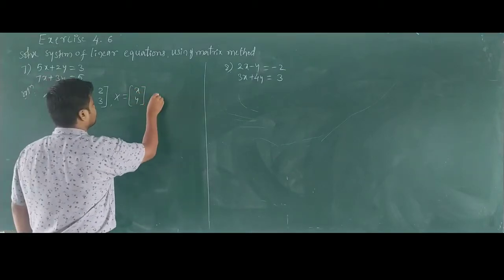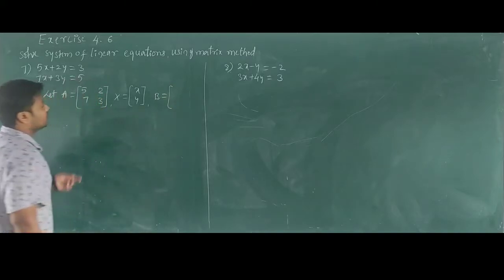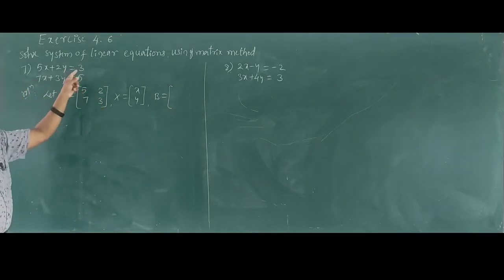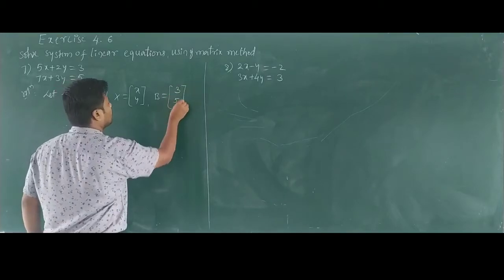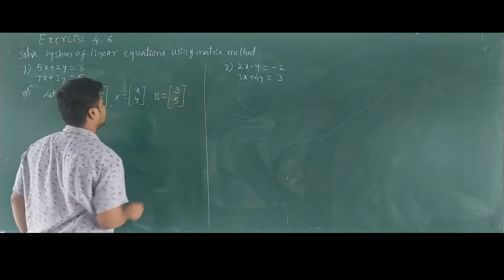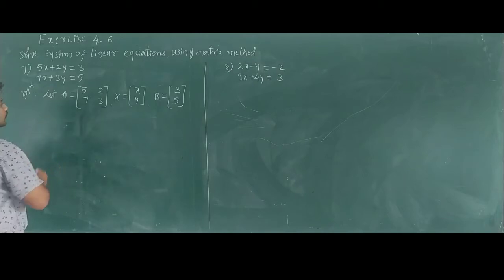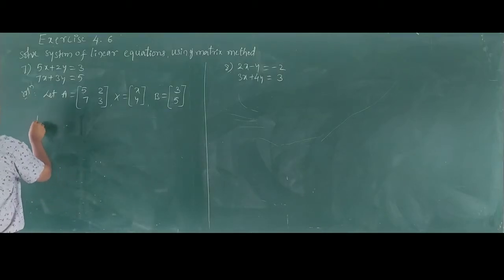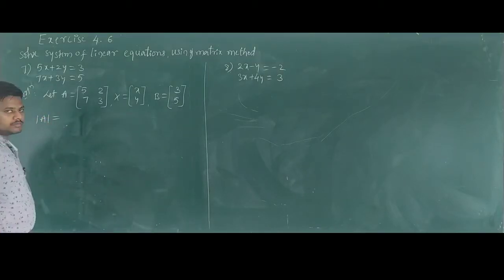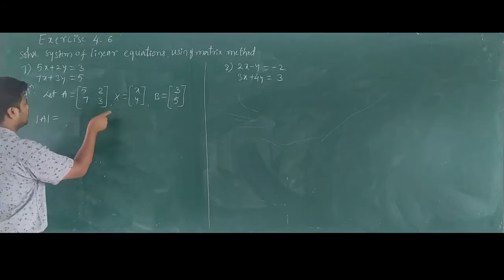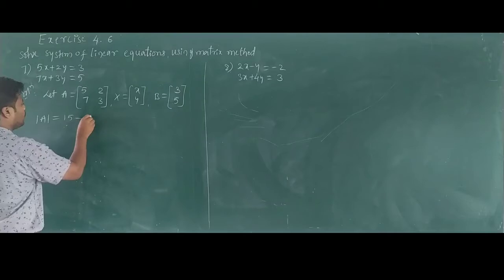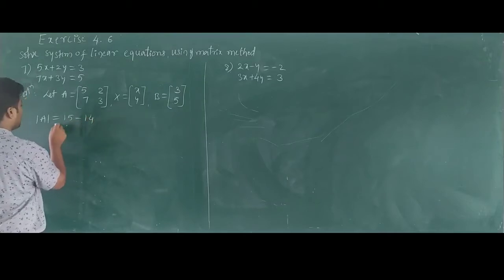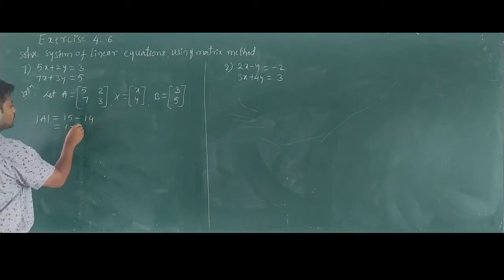Then matrix B is the constant terms, 3 and 5. So now we have to find the determinant of A: 5 into 3, 15, minus 7 into 2, 14. This is 1, which is not equal to 0.